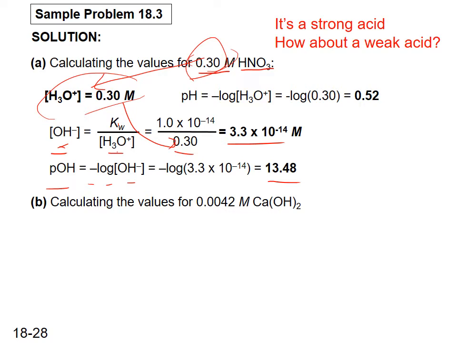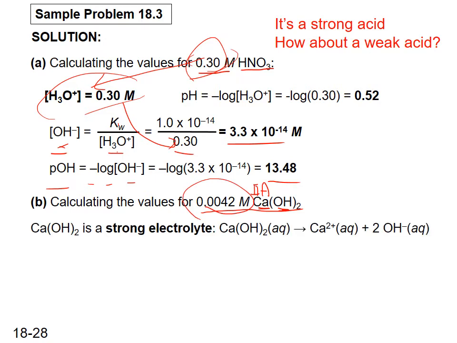Okay, more steps. Now in B, again, this is a strong base. So how do you know it's strong base? Well, it's a hydroxide of a group 2 metal. Remember, group 2 metals with hydroxide are strong bases. So this all becomes hydroxide, but you need to times 2 because you have a 2 here.